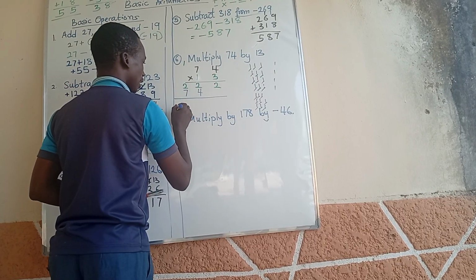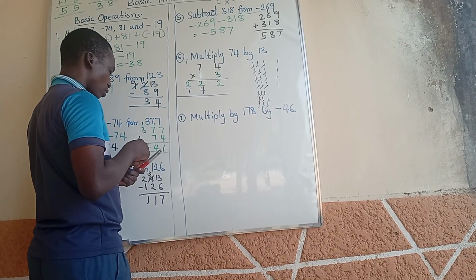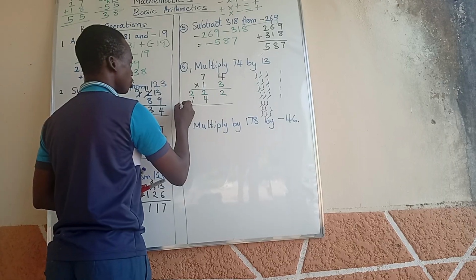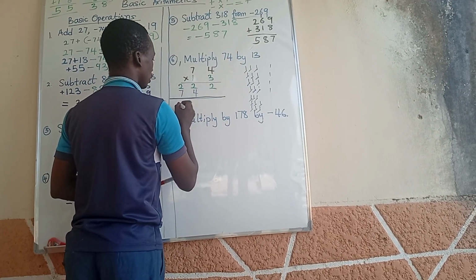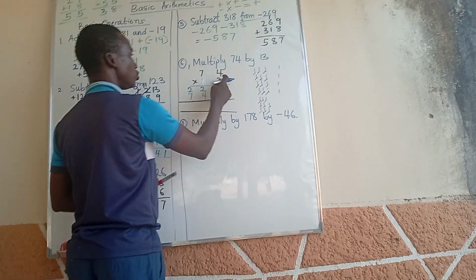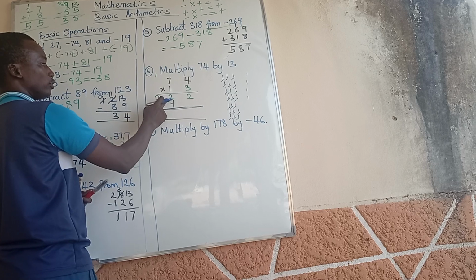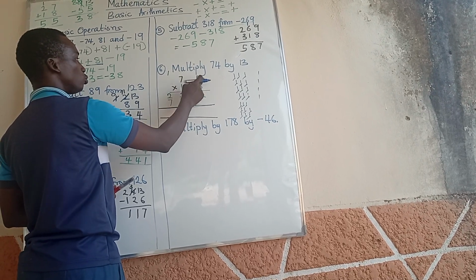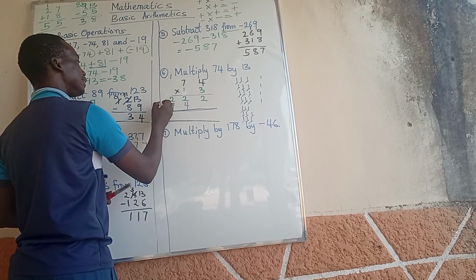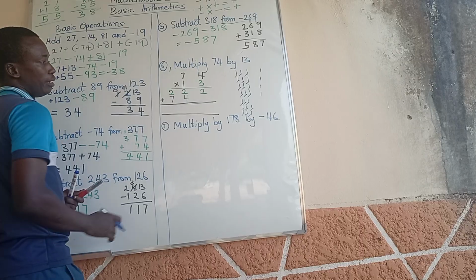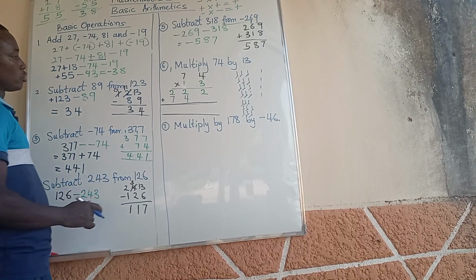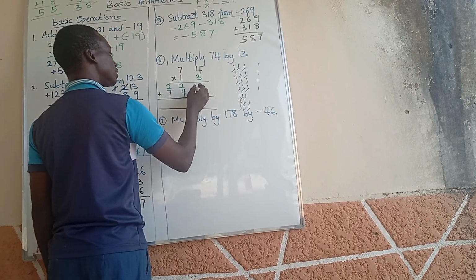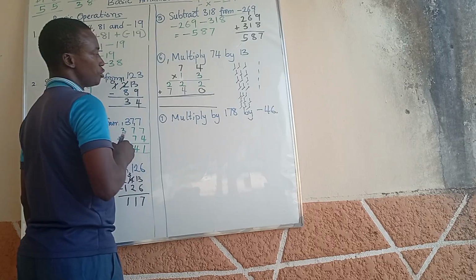Then after we have successfully used this to multiply this and get 222, and we use this one to multiply this and get 74, we are now going to add them together. So here where there is nothing, we put 0.